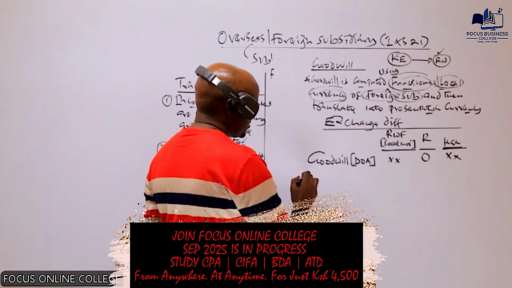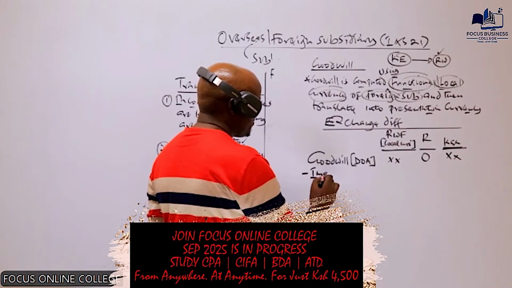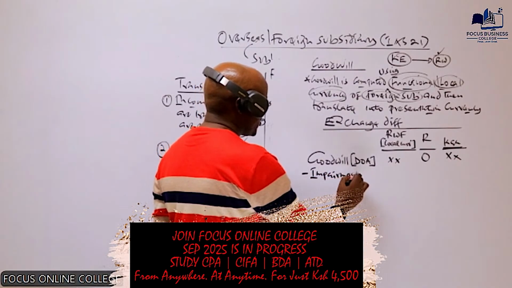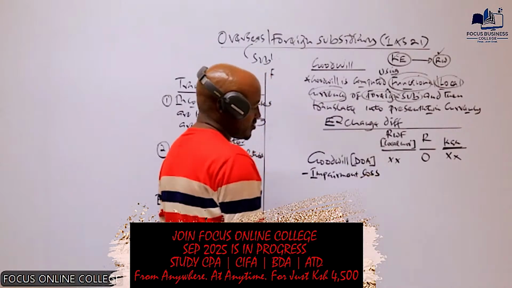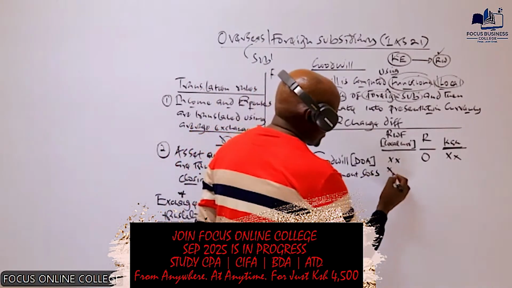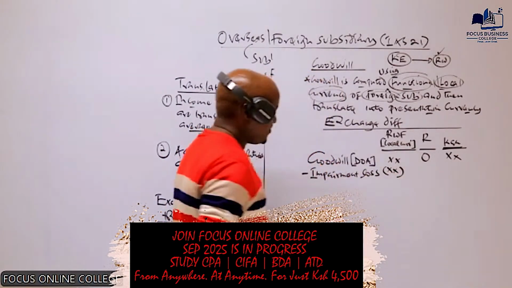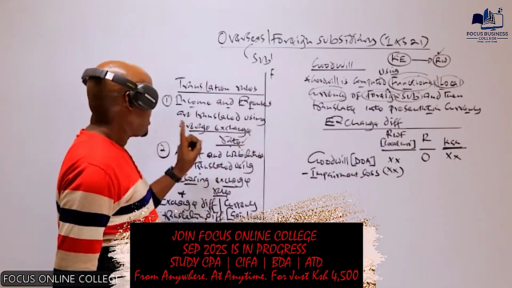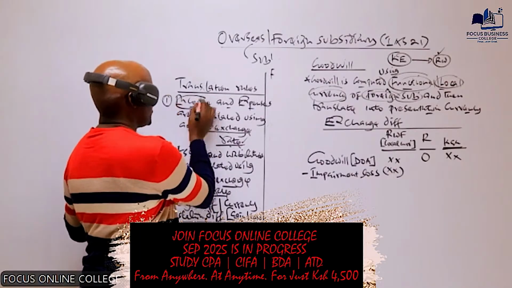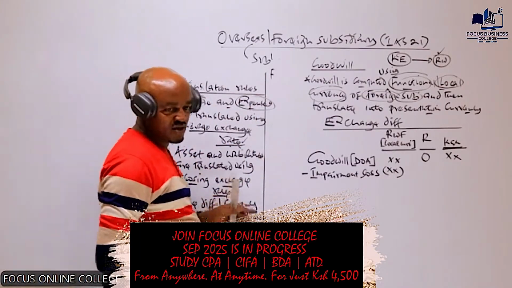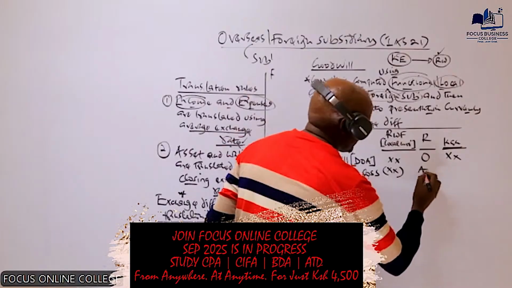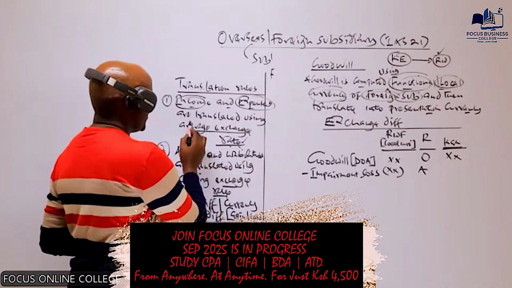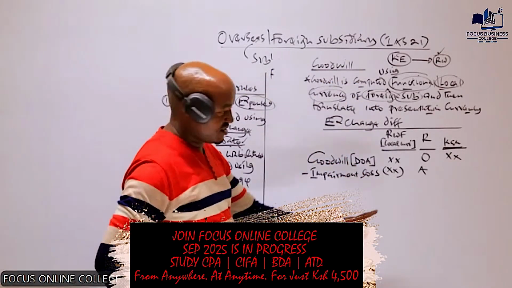And then we less any impairment loss. This particular goodwill will automatically have been impaired. So we less impairment loss here. And because this impairment loss is an expense, you have to remember what you have said here. Any item of income or any item of expense will be translated using which rate? The average, A for average. Maybe you can just note that somewhere.